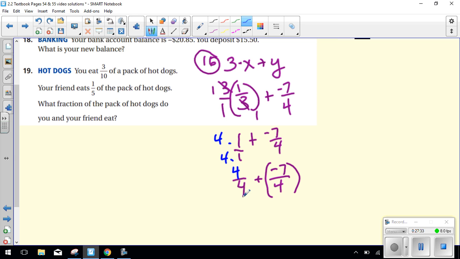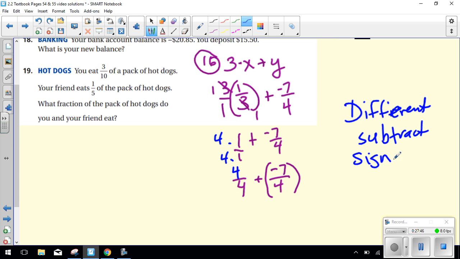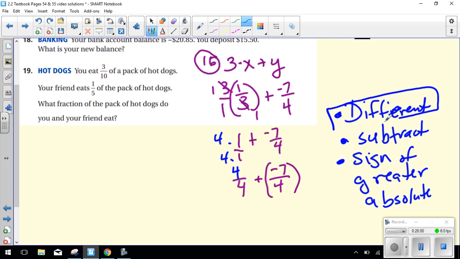When I take a look, my signs are different. And when my signs are different, you subtract and keep the sign of the greater absolute value. So I'm going to subtract.